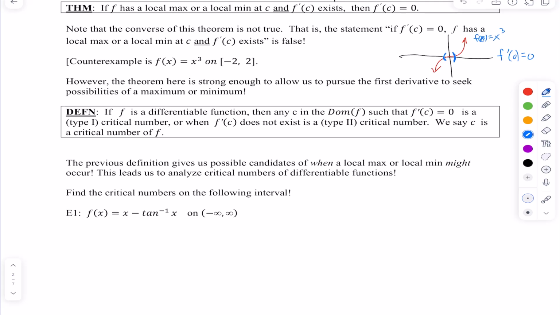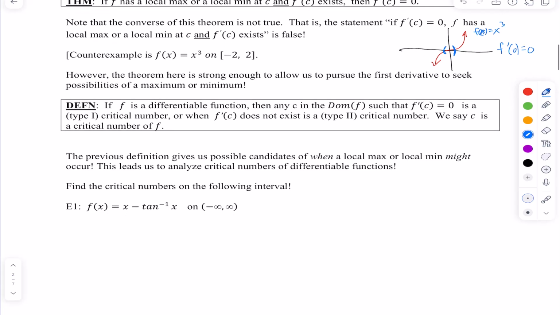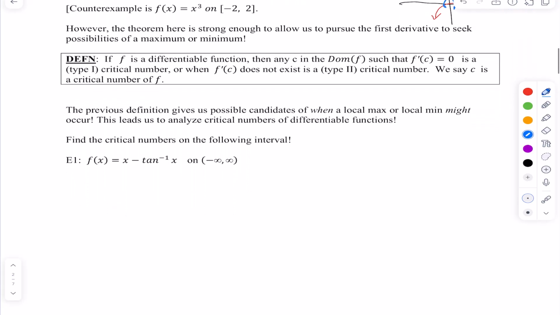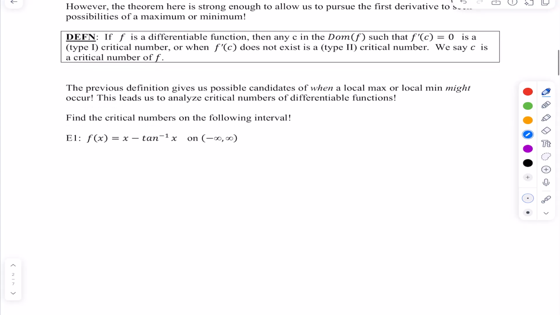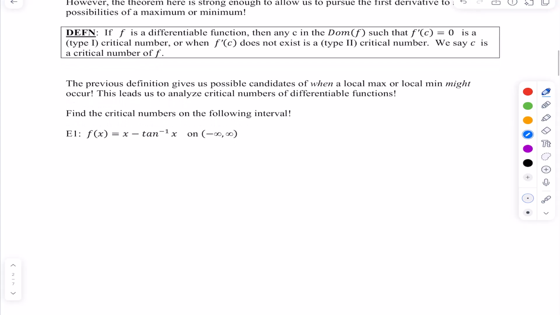Okay, clearly there are some values that are less than 0 and there are some values more than 0. There is no local max or min there. Even though the converse is not true, it gives us enough motivation to study functions in such a way to look for minimums and maximums.